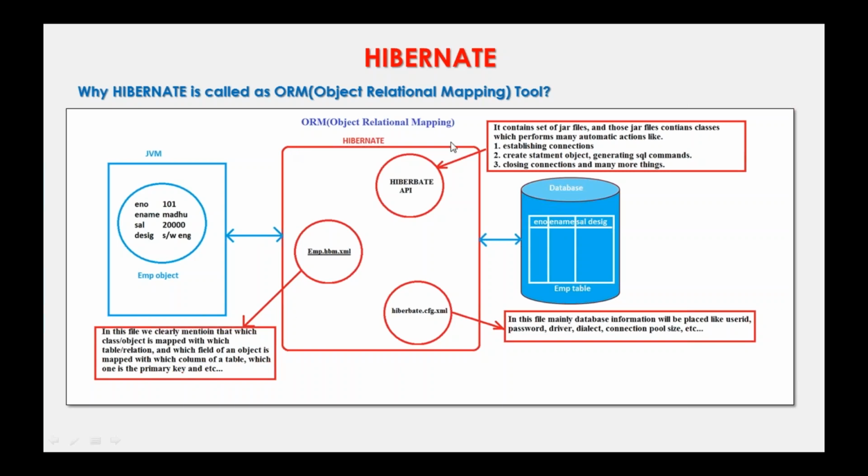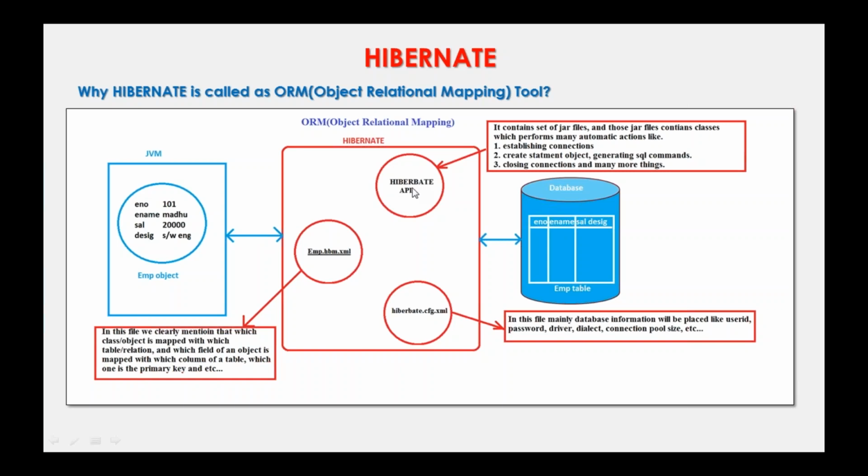In Hibernate, you have to remember 3 points mainly, okay? Usage of Hibernate means in our Java program, if you want to use Hibernate, you just have to use the Hibernate API.